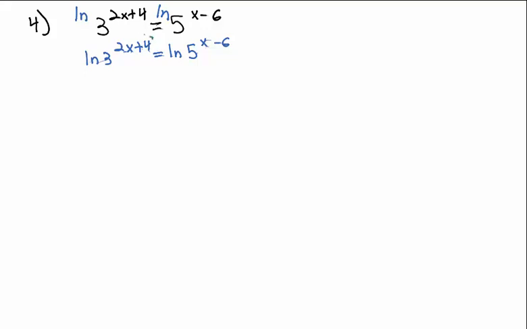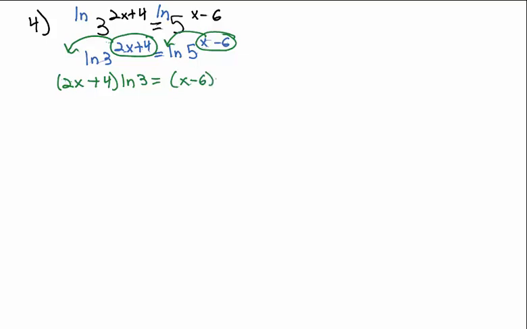Once we see an exponent inside of a logarithm, our first instinct should always be to move it out front of the log. In parentheses, signifying the entire exponent's been moved out together, 2x plus 4 times the natural log of 3 equals x minus 6 times the natural log of 5.